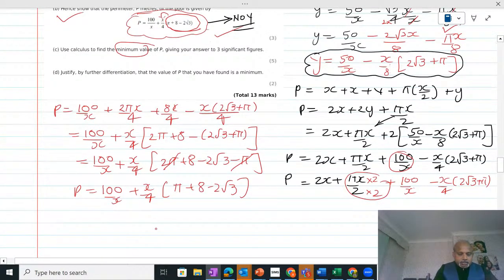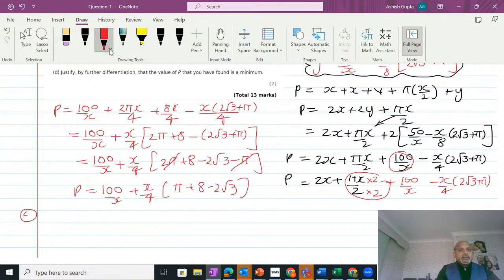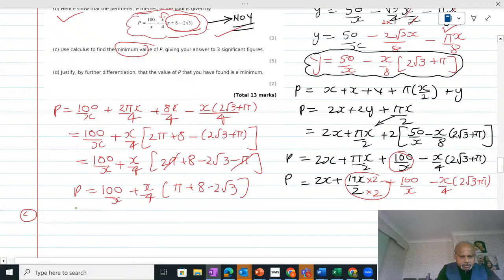So let's find C part, dp over dx. Okay, so it is dp over dx. It should be minus 100 x to the power minus 2 plus, x over 4 will be 1, so it should be just pi plus 8 minus 2 root 3 over 4, because differentiation of x will be 1, and you can put it equal to 0.